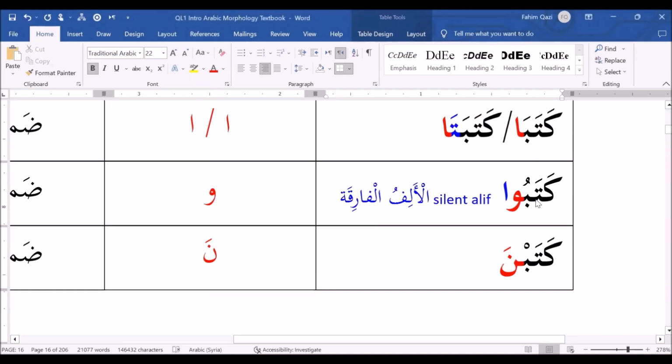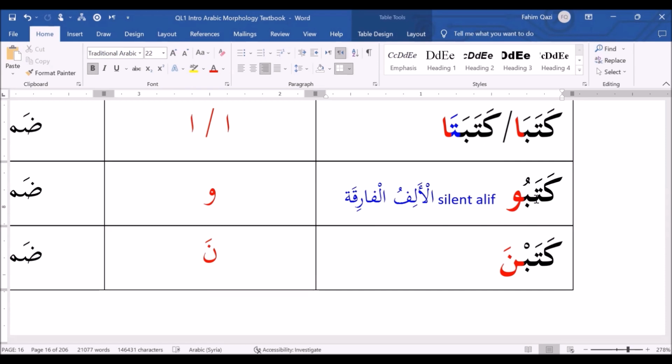And it's always written when the red wow is the last letter. So katabu, since the red wow is the last letter in the past verb, you have to put an alif al-fariqa.